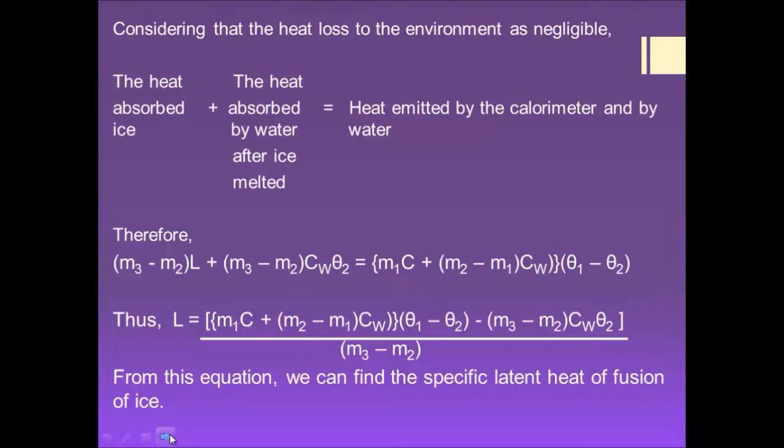The system that gains heat is the ice system, and the systems that emit heat are the calorimeter and the water. Now this is completely in contrast to the situation that we faced when we were doing the practical on latent heat of vaporization. So therefore you can build up a relationship like this, and you can isolate L, and from this equation we can find the specific latent heat of fusion of ice.